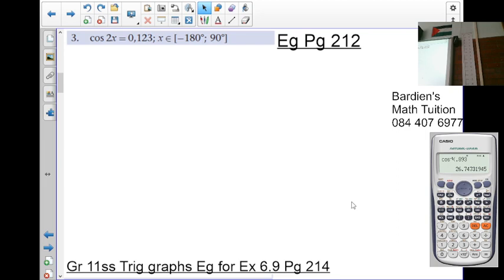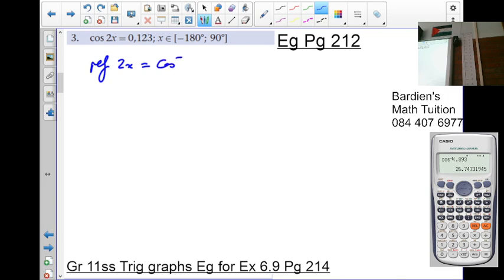We get cos of the angle on its own, because we already have the trig ratio. So to work out the reference angle, what do we do? The reference angle of 2x is equal to cos inverse of 0,123.